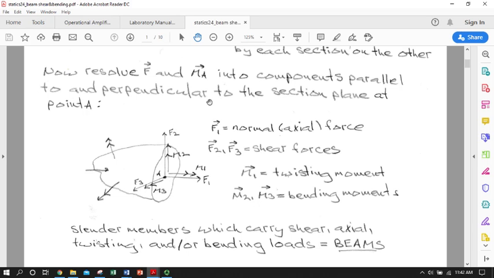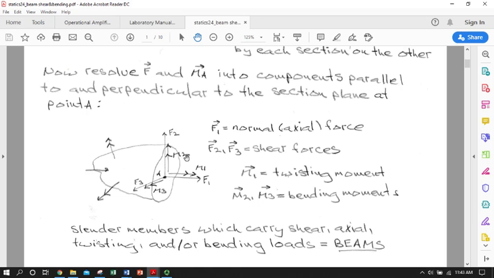Even though we won't work a lot of problems in 3D, actually we will not work any in this course, be aware that they exist, and that if you needed to get shear and bending moment at any point in a beam that was being loaded in two different orthogonal or three different orthogonal directions, all you would have to do is do what we're doing for a 2D case and then repeat it for each one of the other orthogonal directions and add the resultant moments and shear forces and axial forces as vectors.